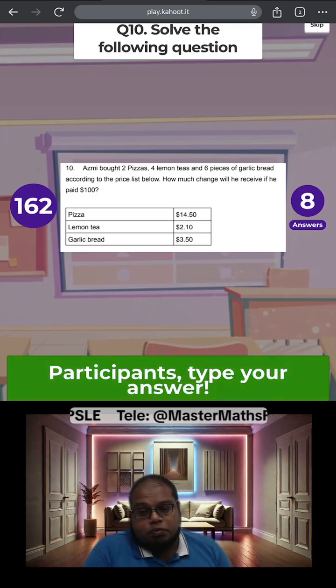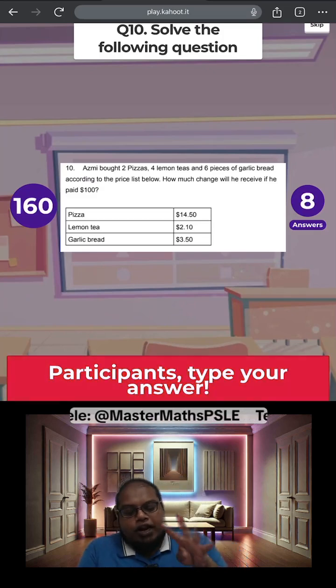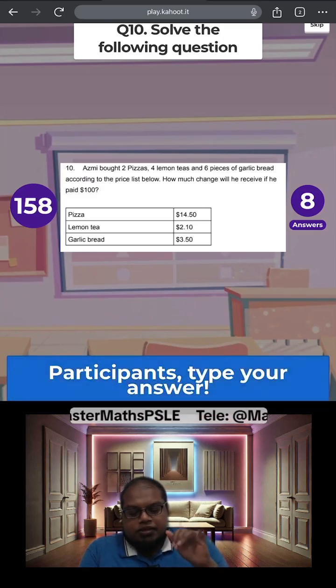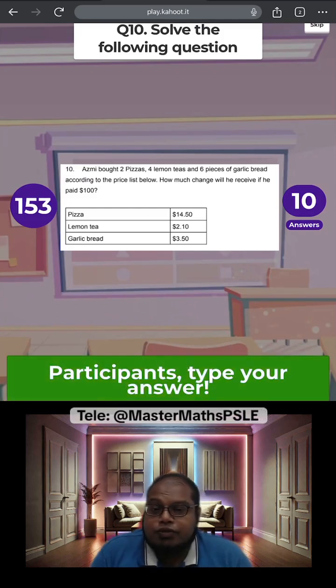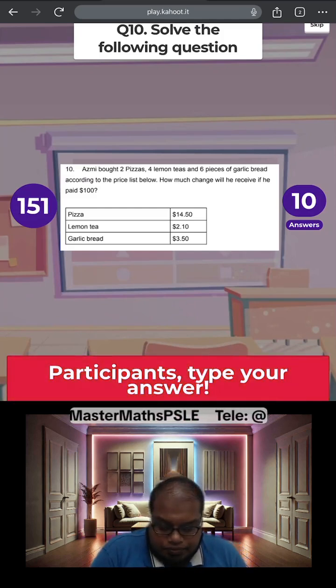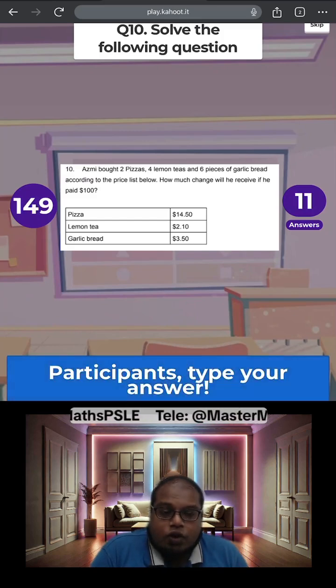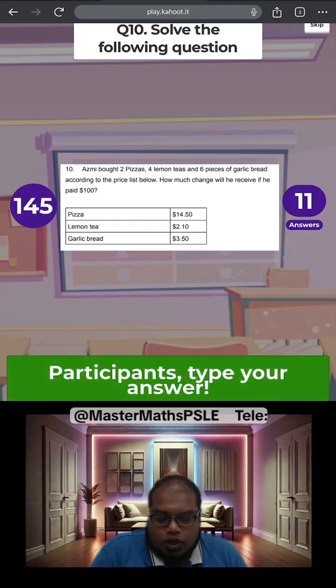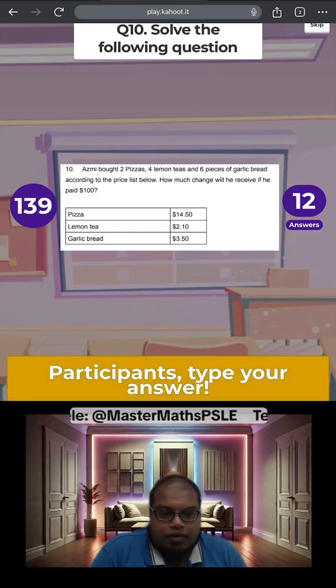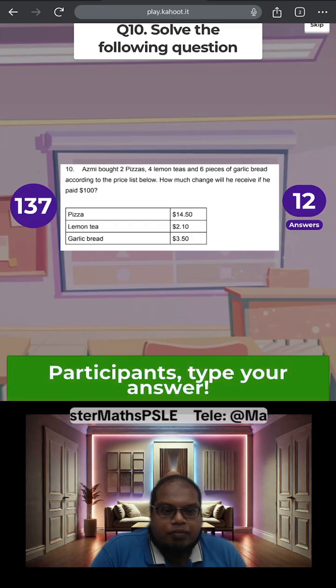Remember, it's 2 pizzas, 4 lemon teas, and 6 pieces of garlic bread. Okay, then if you see the price list, 1 pizza costs $14.50, 1 lemon tea costs $2.10, and 1 garlic bread costs $3.50. You are lucky, Idris.